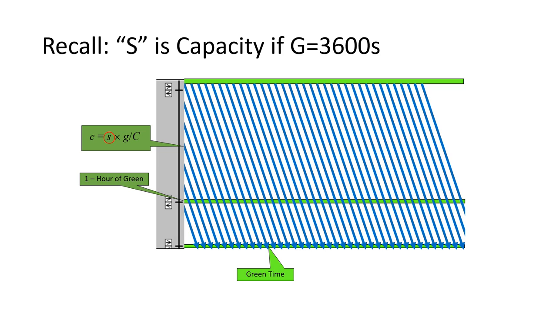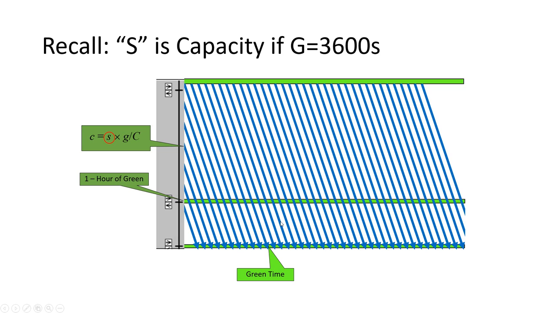It's equal to that saturation rate times this ratio over here of the effective green time versus the cycle length. And so that's the percentage of time that movement gets green time through there. And so we just take our saturation rate and multiply it by that ratio, and that gives us what the capacity is for that movement through there.